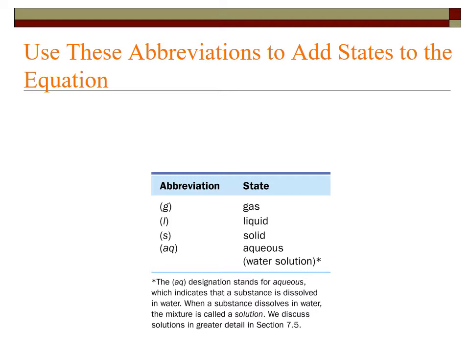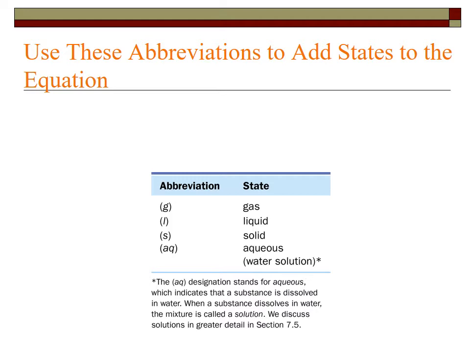Is carbon dioxide a solid, or is carbon dioxide a gas in my reaction? If we expect it to be a gas, then it's going to bubble off, and we get a gas evolution reaction. The last one we're going to talk about is aqueous solution.